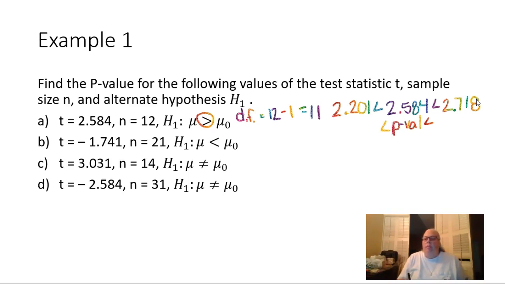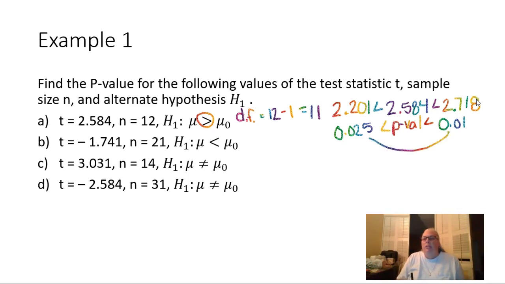Now, the p-value for 2.718 was 0.01, and the p-value for the 2.201 was 0.025, and I'm not going to leave it like this because 0.02, which does go with this number right here, is not less than 0.01, which goes with this right here.